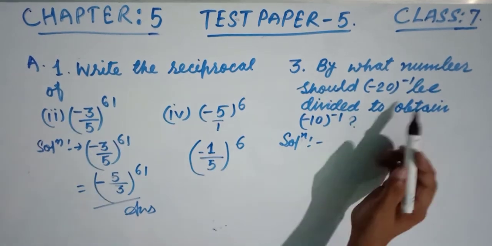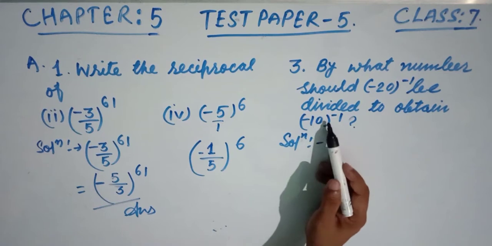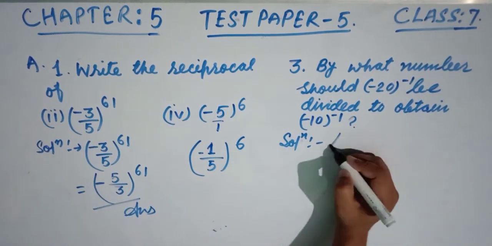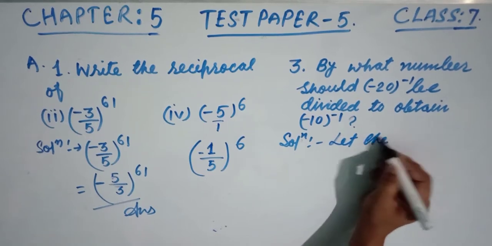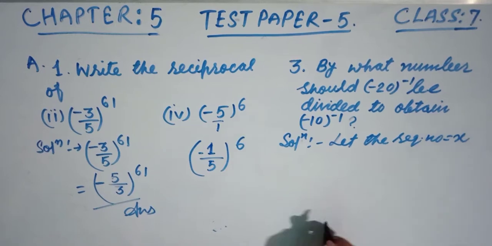Here, by what number should minus 20 raised to the power minus 1 be divided to obtain minus 10 raised to the power minus 1? Very simple, friends. Suppose the required number is x.